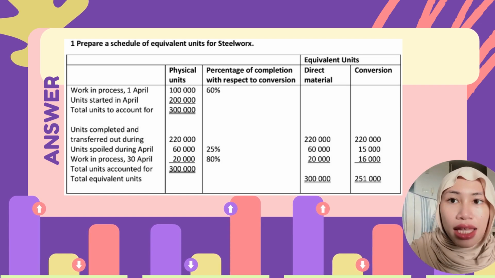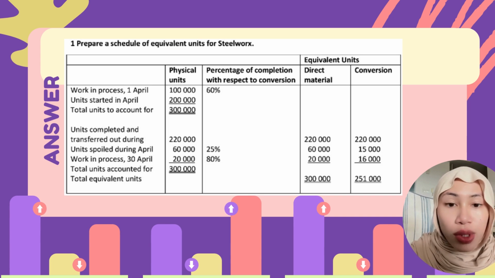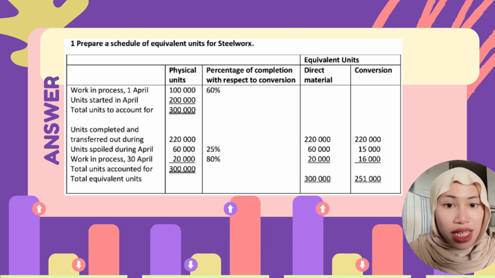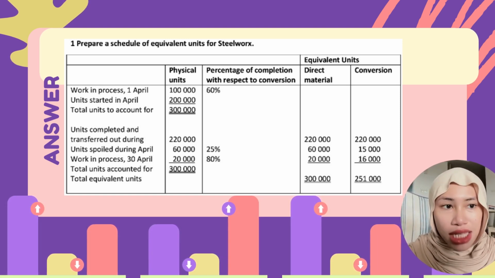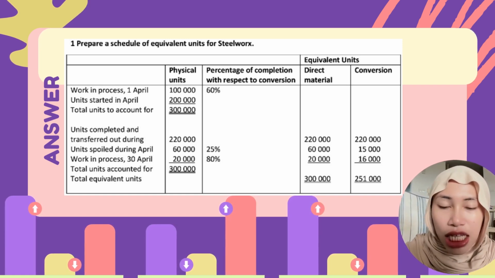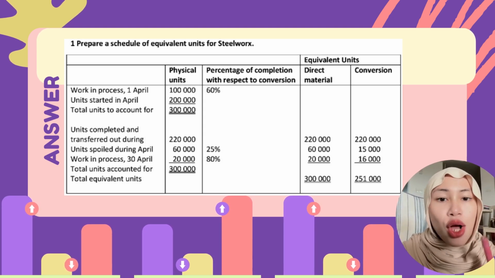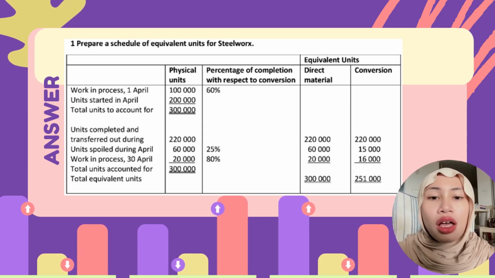Then we apply that to this question, which is for the units spoiled. It's stated in the question that it is 25% complete. So 60,000 multiplied by 25%, we will get 15,000. While for the work in process, it's stated in the question that it is 80% complete. So we need to multiply 20,000 by 80%, then we will get 16,000.